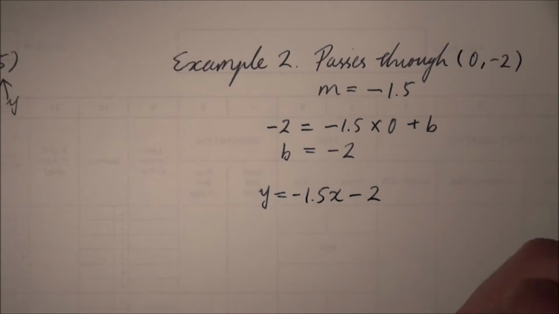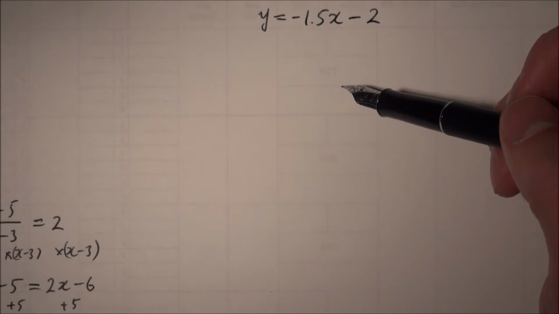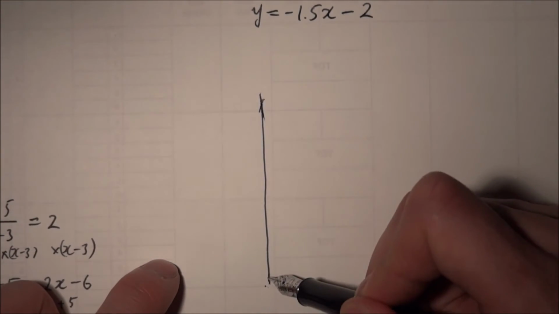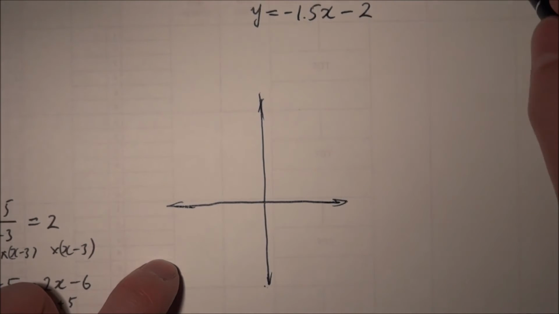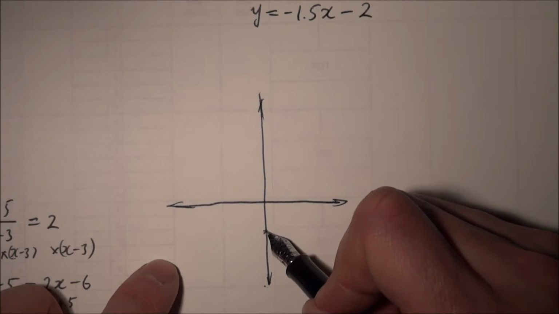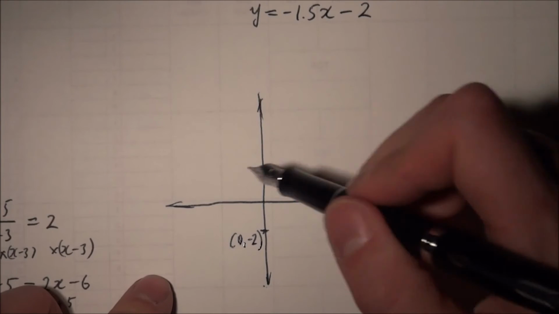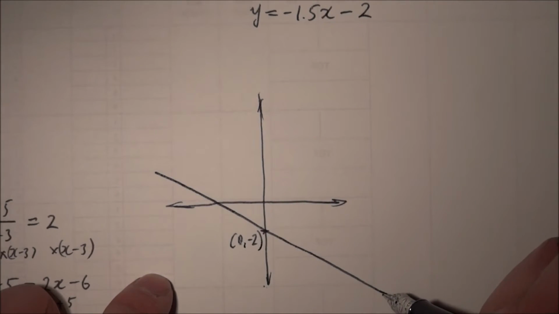Alternatively, we can use the second method. So imagine that we have a number plane once again. The line passes through (0, -2), so it passes through here, and has a negative gradient, which means it slopes downwards.